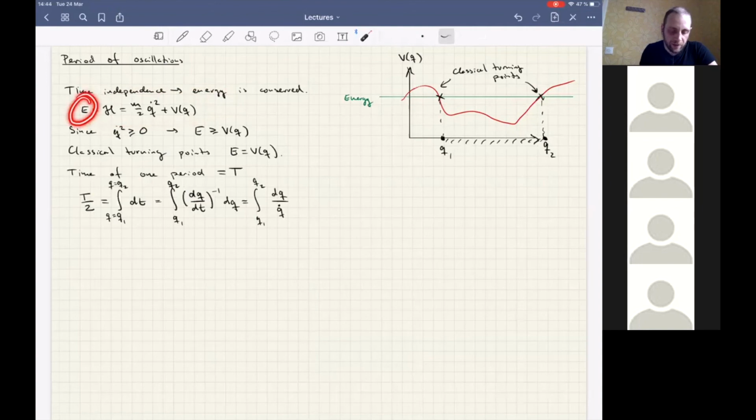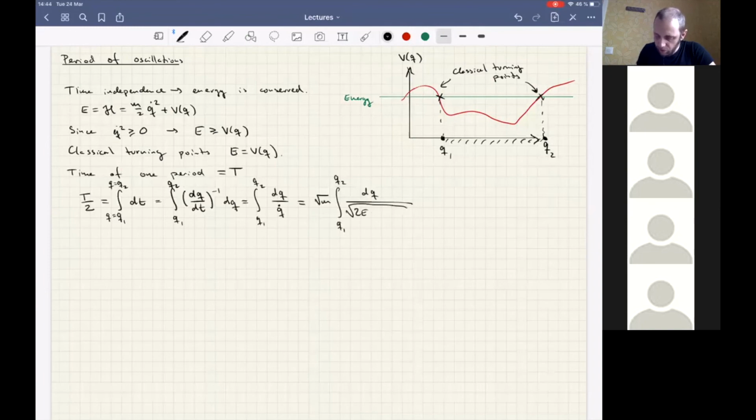We know the value of E, it's a constant of motion, and we know what V of q is. So we can just solve for q dot from here and rewrite this integral as the square root of m over 2, and still the integral from q1 to q2 dq divided by the square root of E minus V of q.